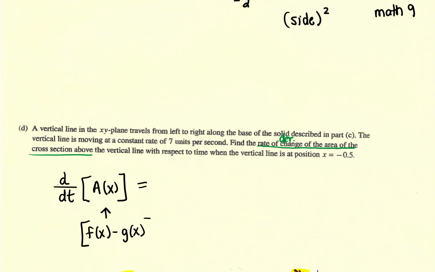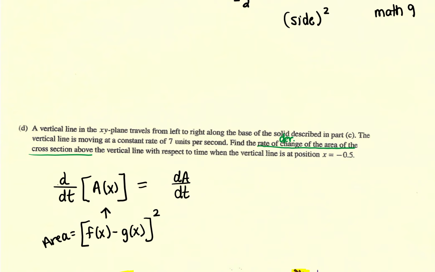It was that side squared. So that was the area from part C that they want me to find the rate of change, or the derivative, of.